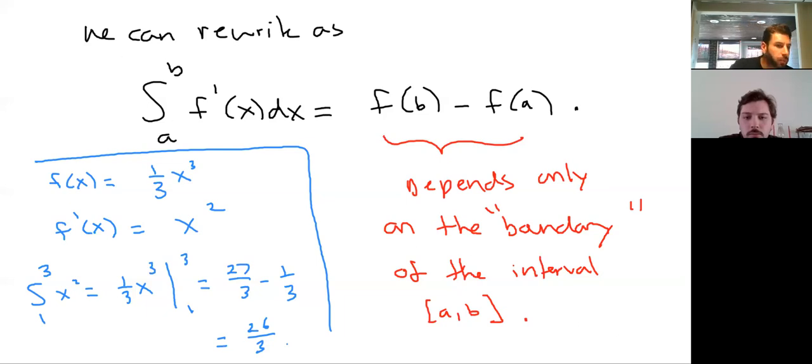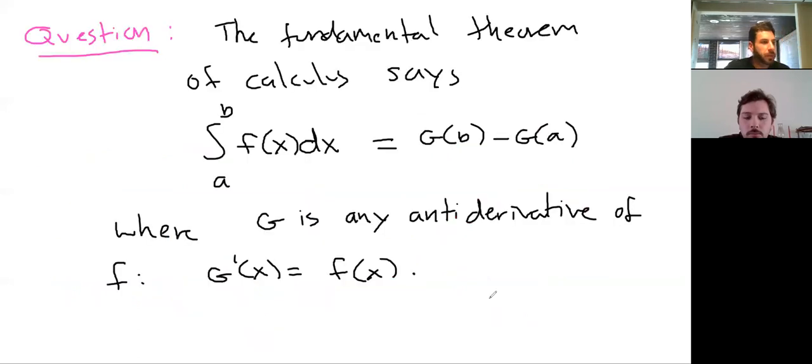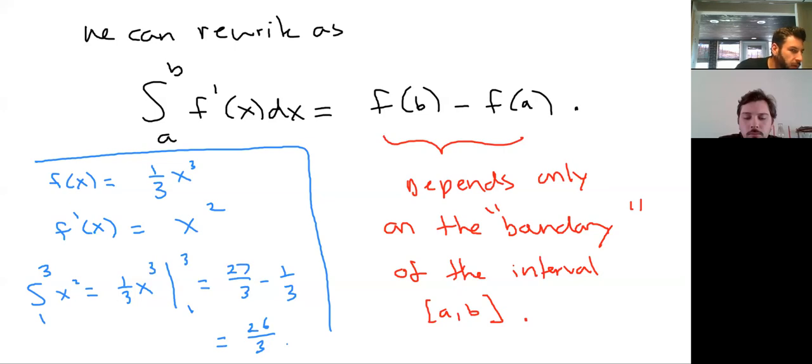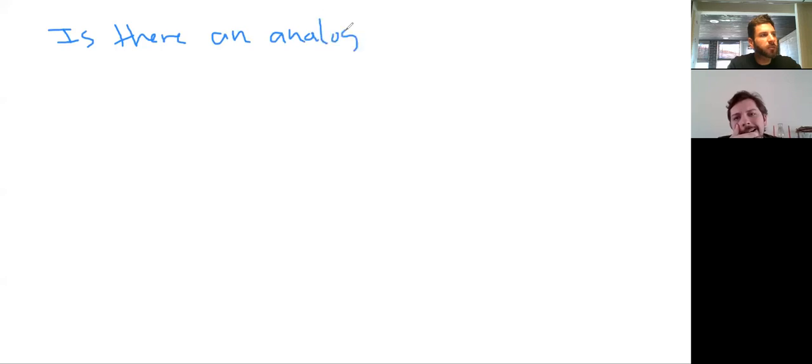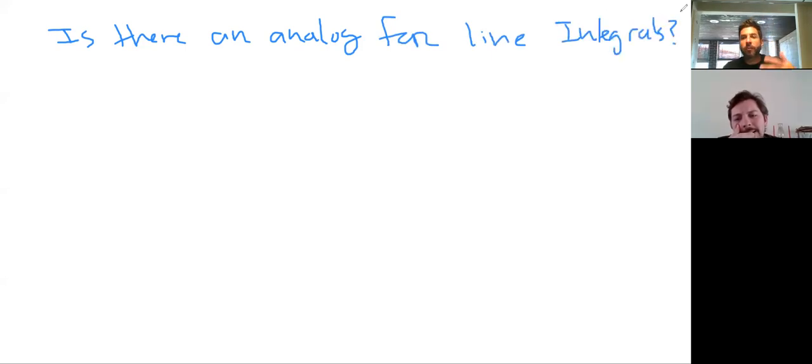Okay, so if you go to the previous slide, I said question. Here's the fundamental theorem, this is what it says. And so the question we might ask is, is there an analog to this for line integrals? I mean, that's a perfectly rational question.